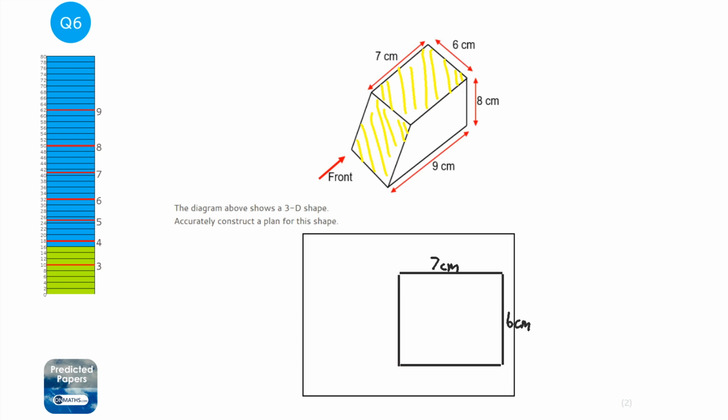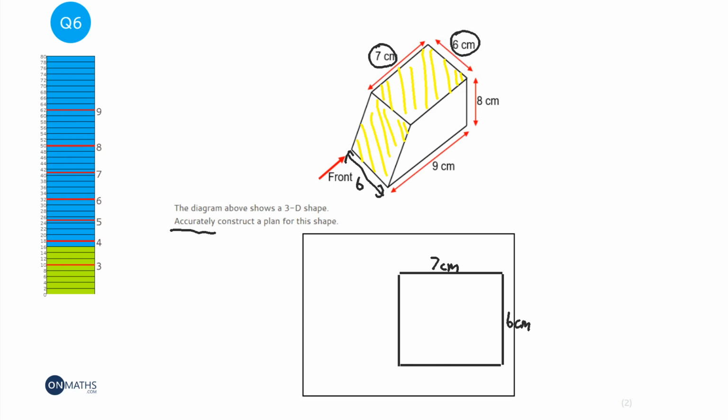And in your exam, just make sure you actually measure them, because they are given to you in here, and it does say accurately construct. So you want to make sure that it's done 7 centimeters and 6 centimeters. Now, the difficulty is going to be the last bit. Well, we know it's going to be 6 across because it's the same as this one here.